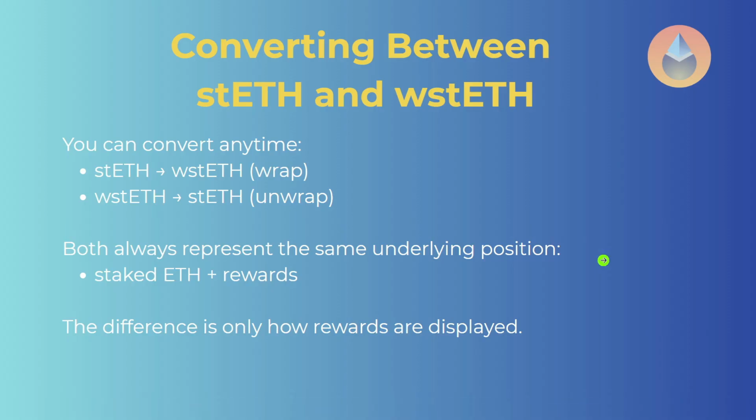You can convert stETH to wrapped stETH anytime, as we will see in the application, and wrapped stETH to stETH. You can do this anytime. Both always represent the same underlying position, stETH plus rewards. The difference is only how rewards are displayed.